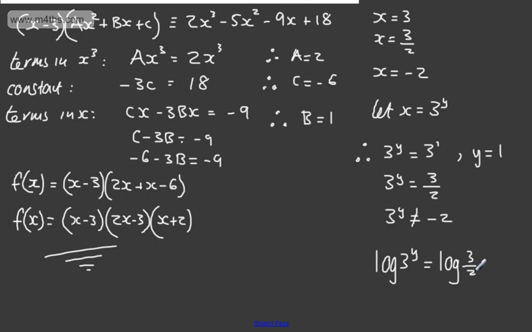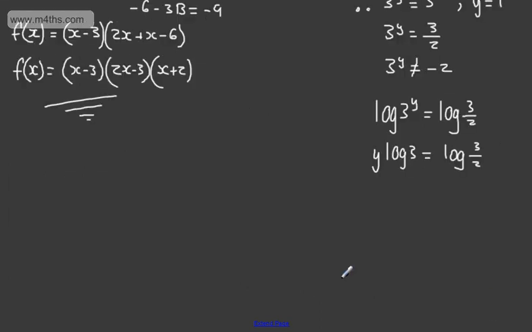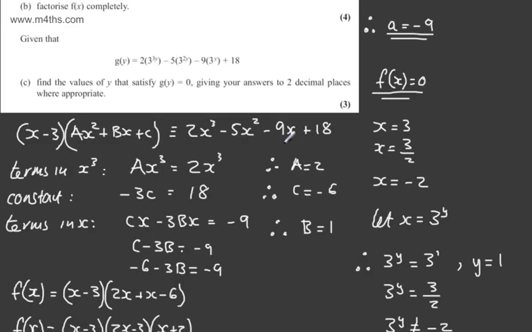I've simply taken logs, base 10, of both sides of the equation. Using the power law, y log 3 is equal to log of 3/2. I'm now going to solve for y, so y will be equal to log(3/2) over log 3.